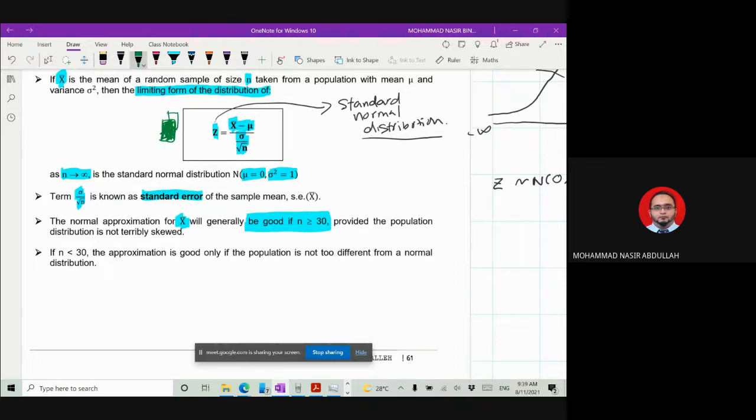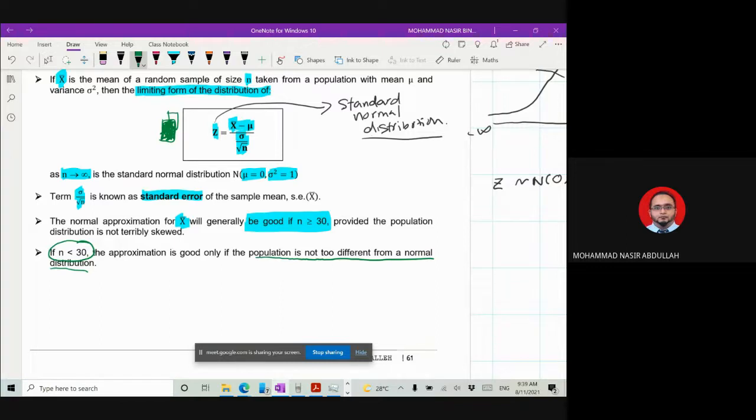When n is less than 30, which is a small sample, we will not use the standard normal distribution. It says here, if the population is not too different from the normal distribution, if and only if each observation is taken from the normal distribution.